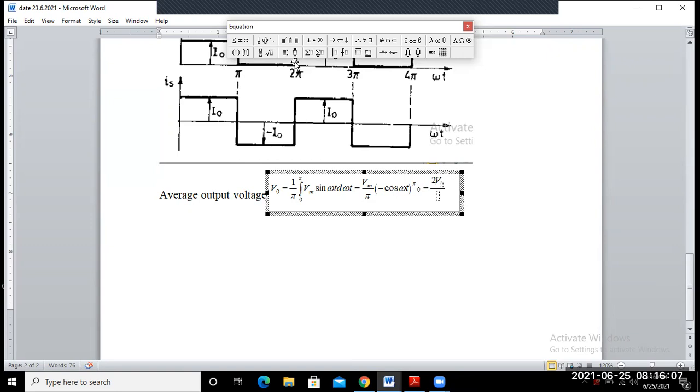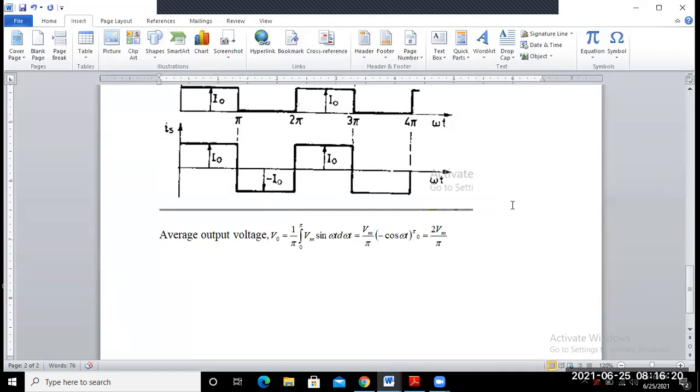So the average output voltage, that means V0 equals 2 Vm by pi. Vm is your maximum voltage.